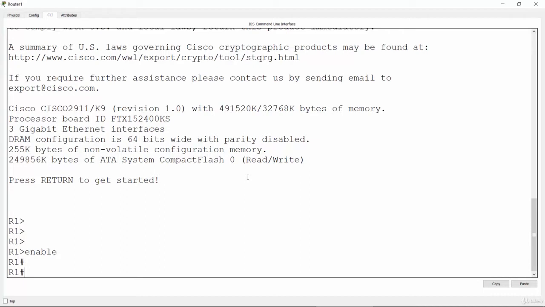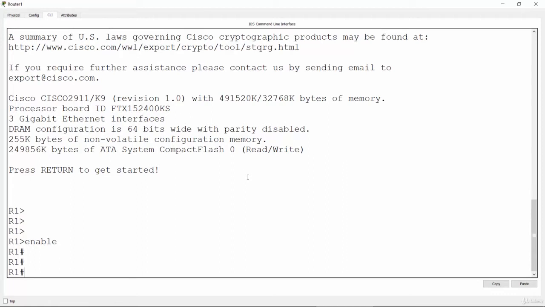You can check the previous labs and learn about them also, but from here on I'm not going to tell you that the enable command moves us from user mode to privileged exec mode. Alright, because you know it by now. Okay.